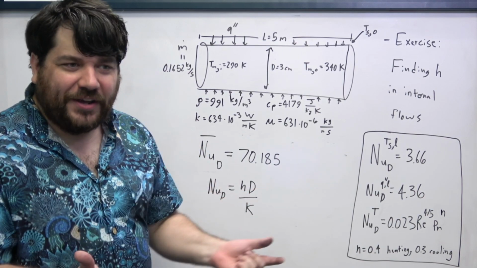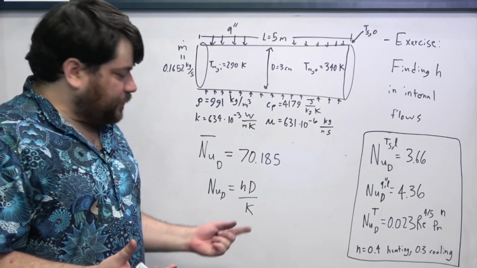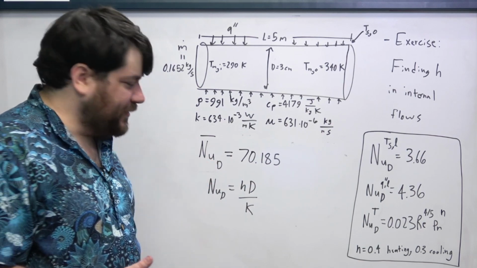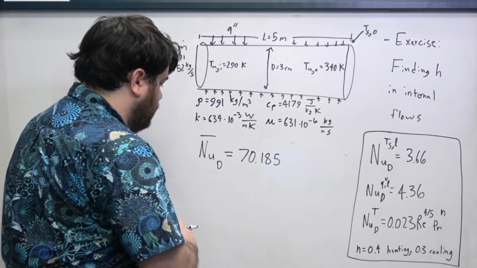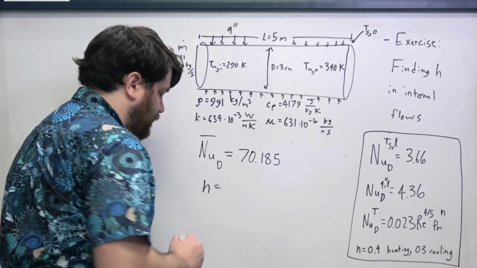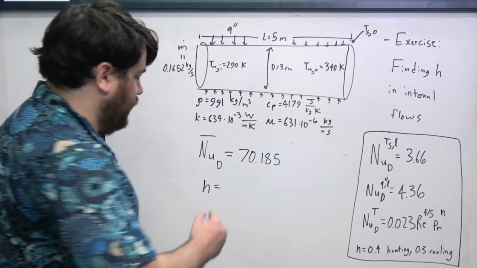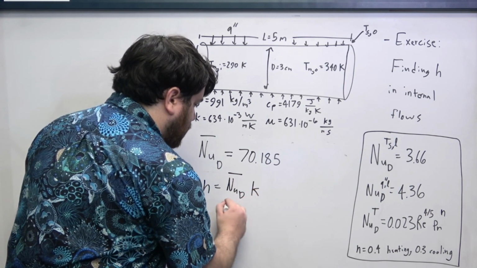We used it for calculating the Reynolds number, so why wouldn't we use it for the Nusselt number too? So h times D divided by k will be our Nusselt number. We already know what that is. And so all we have to do is just say h is equal to the solved form of that equation, which is just the Nusselt number times k divided by D.